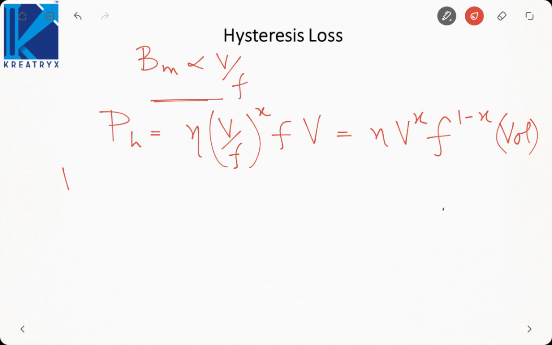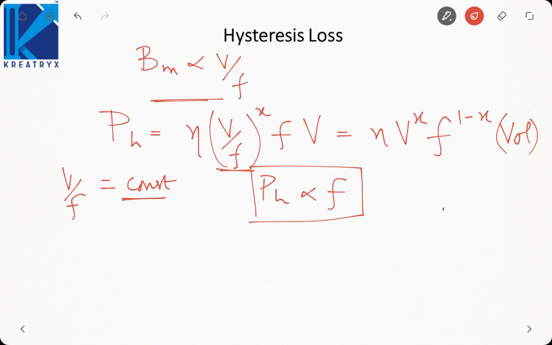Now we can consider two cases. If V by F is constant, I can consider this term as constant, then hysteresis loss is directly proportional to frequency. Okay, the higher the frequency, the more the hysteresis loss. Next, if V by F is not constant, then hysteresis loss is proportional to voltage raised to the power x, frequency raised to the power 1 minus x.